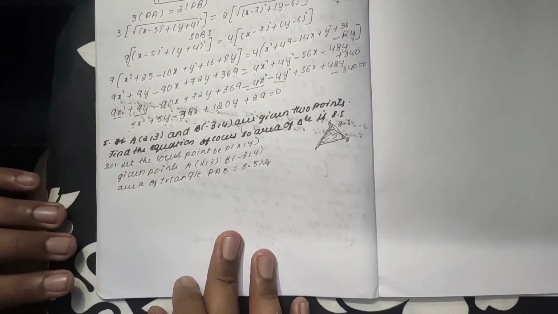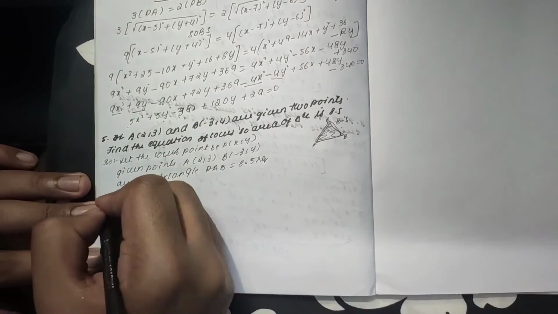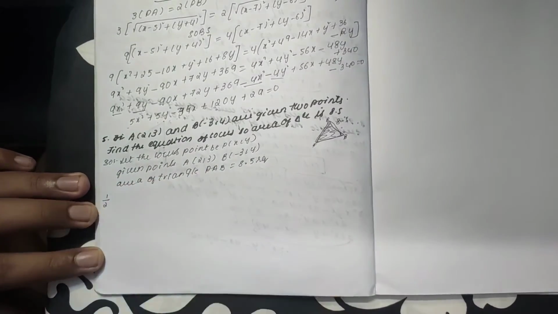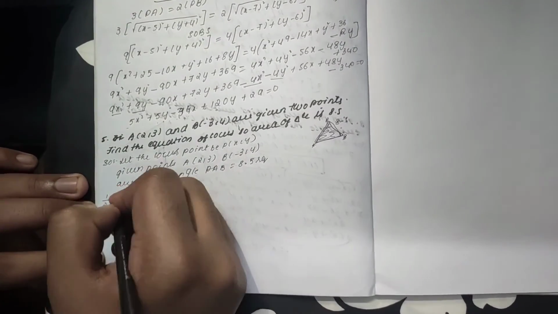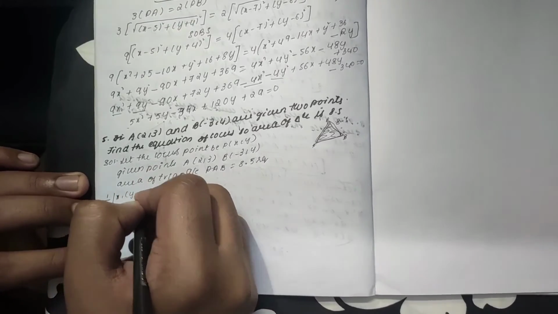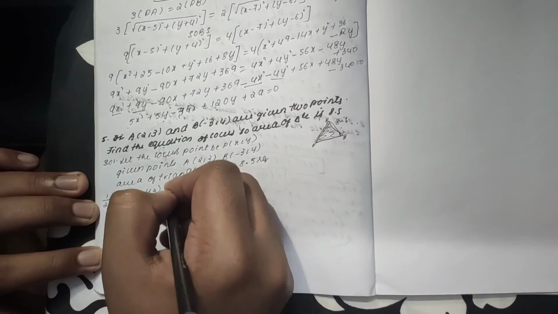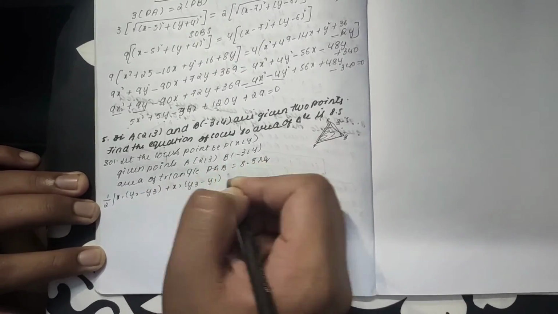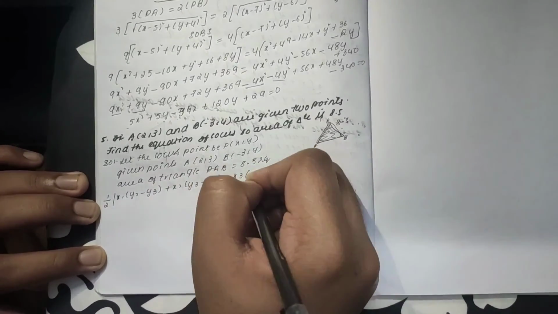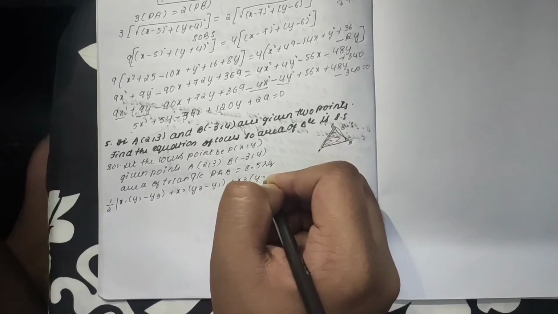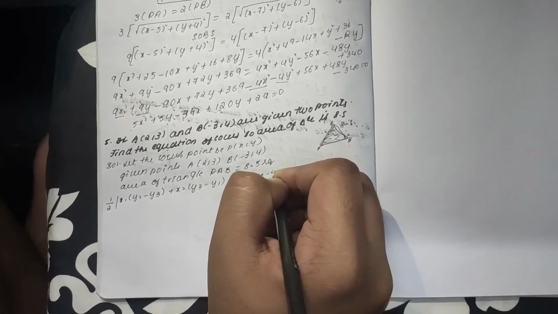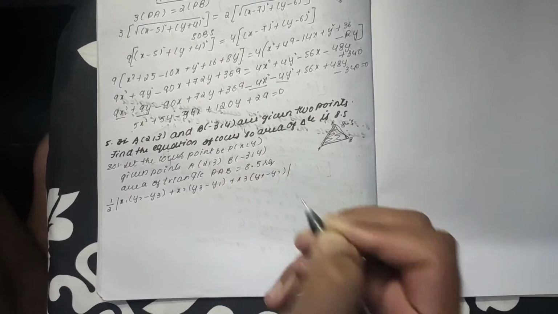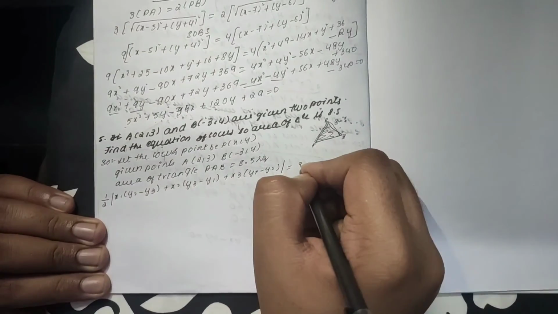From the previous classes, we have learned that the formula for area of triangle is half modulus of x1 into (y2 minus y3) plus x2 into (y3 minus y1) plus x3 into (y1 minus y2), which is equal to 8.5.